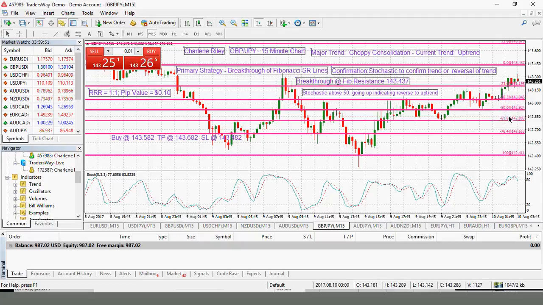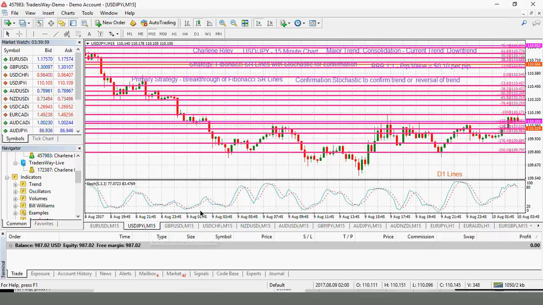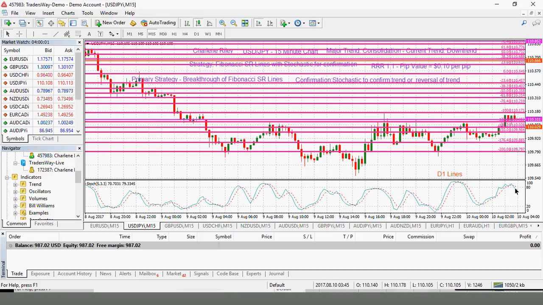And that's the same here on the British pound JPY, and also here on the USD JPY.